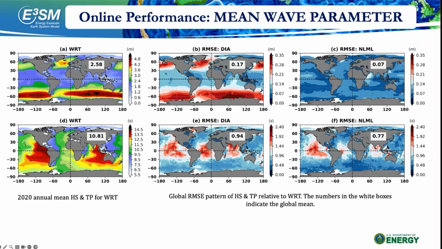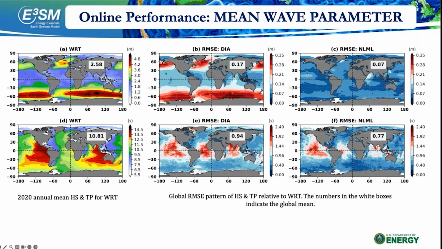When you compare the root mean square error of DIA with WLT, you can see that we have large errors in regions of high waves, in the Southern Ocean, the North Pacific and Atlantic. But when you compare with the ML, we can see that this error is greatly reduced, up to 7 times in some regions. In the Southern Ocean, the error is reduced up to 7 times, almost zero in some places.